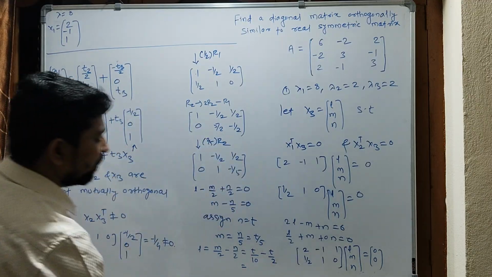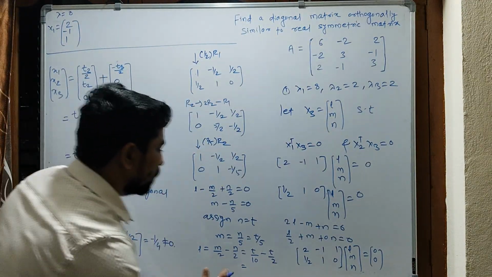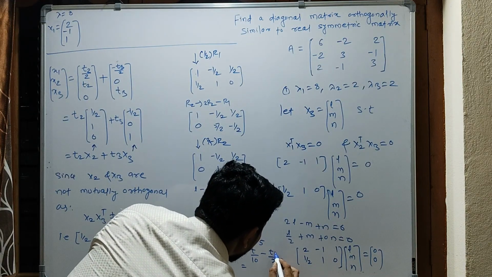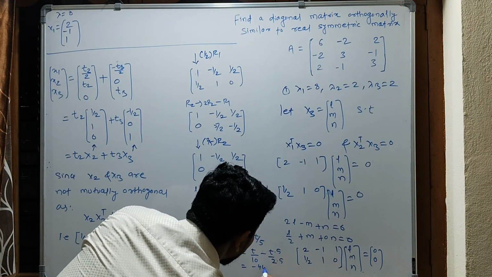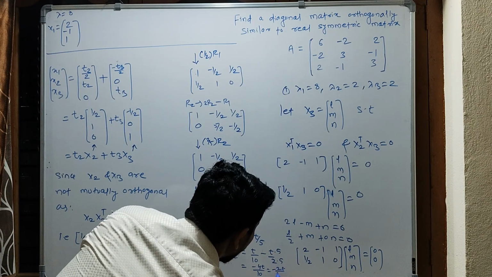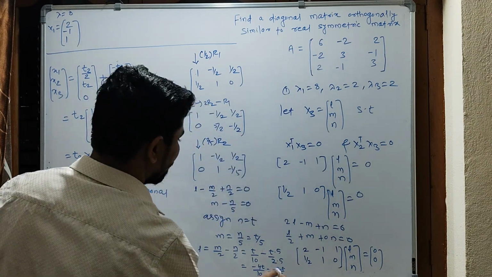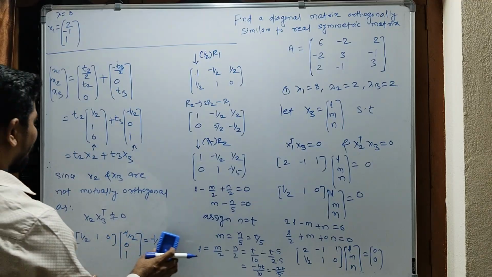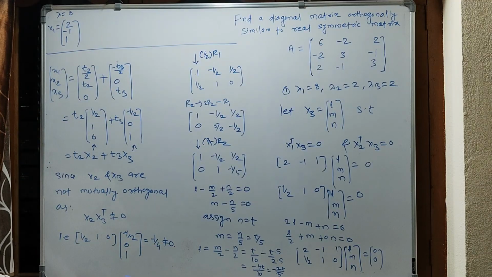So from here you will get, so do one thing, here 5 minus 4t divided by 10 which is equal to minus 2t divided by 5. This is my L. So here now write again. So I hope all of you have written this.